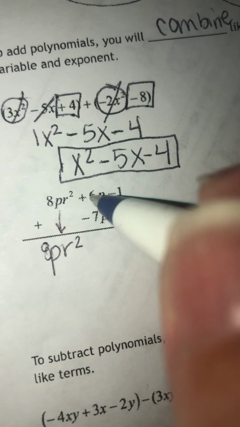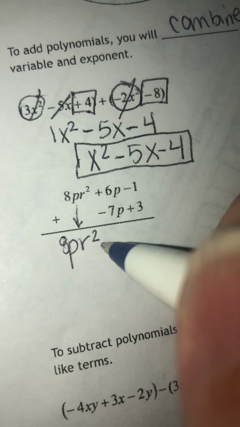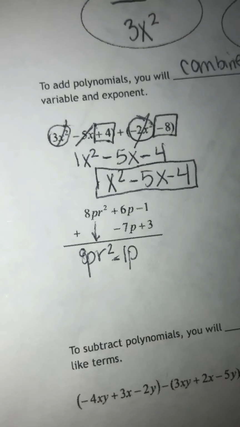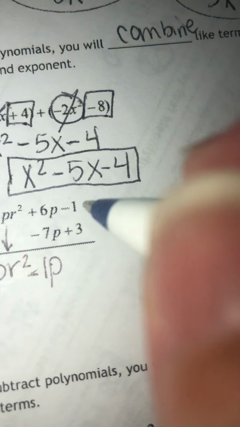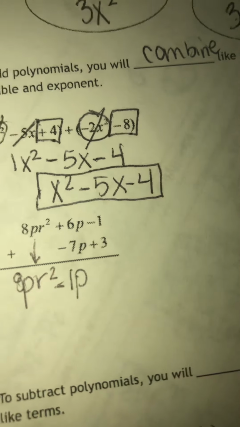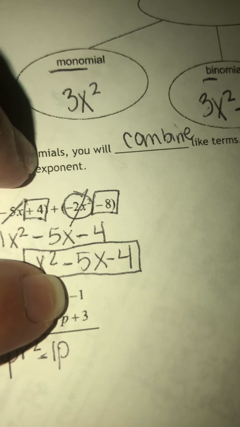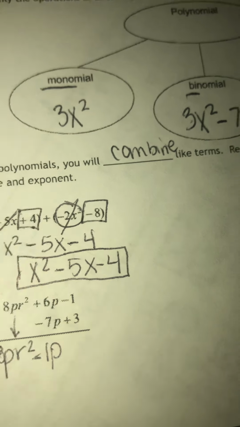Here, I have a positive 6p minus 7p, so really that's saying 6 minus 7. It's a negative 1. And then last over here, I have negative 1 plus 3, because that's a minus 1. Remember, if I cover up everything before that minus 1, I can read that as a negative 1 plus a 3.